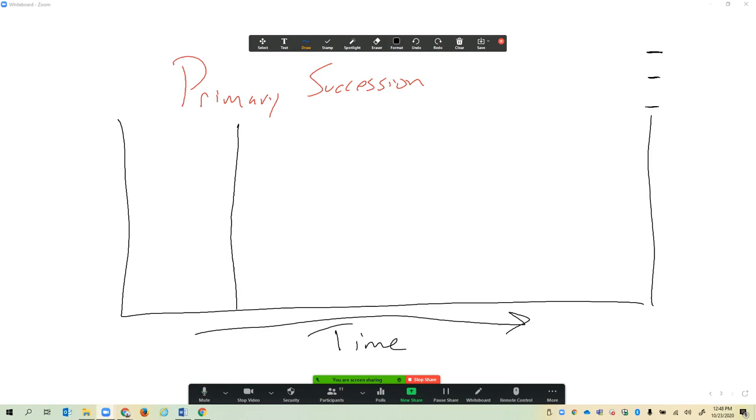Don't all talk at once, guys. It's okay. Natural disruptions, yes, but you've got to be more specific. What is a specific disruption to an ecosystem that will lead to primary succession taking place?